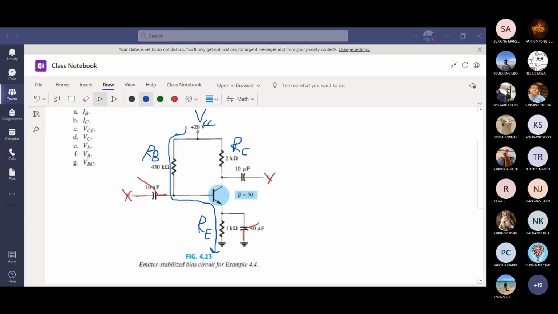IE equals beta plus 1 times IB. Therefore, the equation for IB is VCC minus VBE divided by RB plus, you have to multiply RE with beta plus 1, 51, times RE.